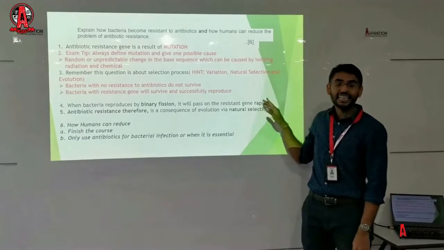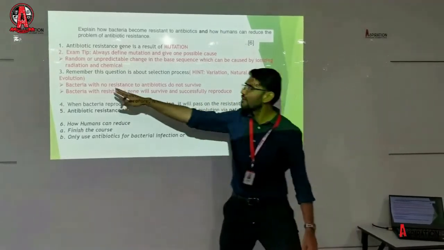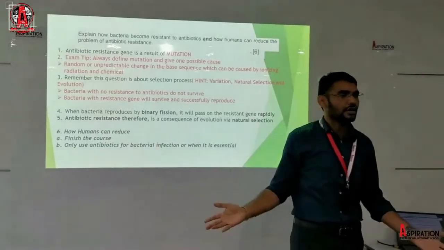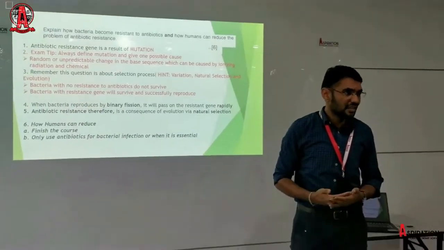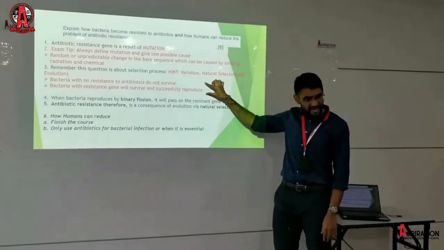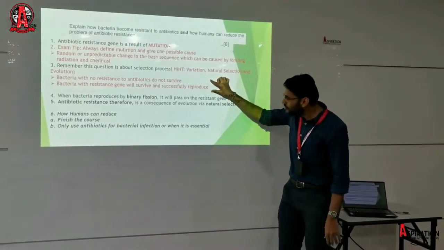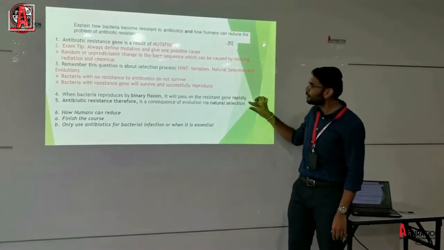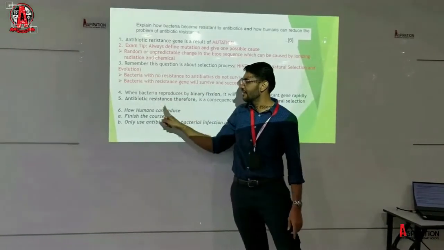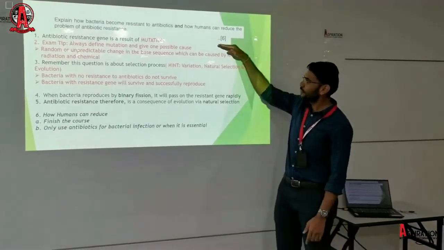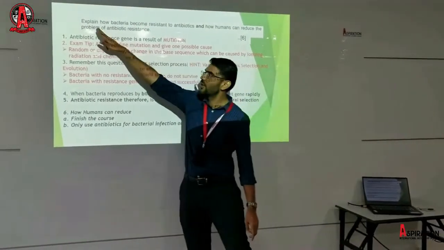Can you see that? And this process will take place over many generations, and that will form a colony of antibiotic resistant genes. So can you see how you have beautifully described variation? You have described how natural selection took place and how you have appropriately linked the idea to evolution. So that will be answering the first question.